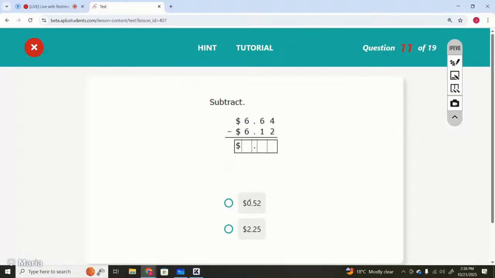Option number 1 is the correct option. 6.64 minus 6.12.